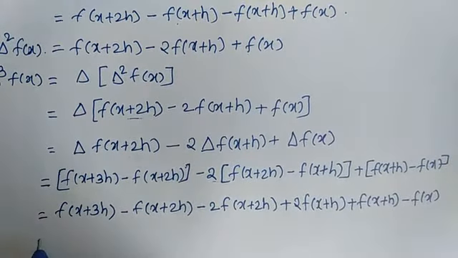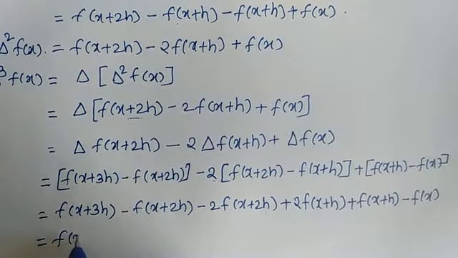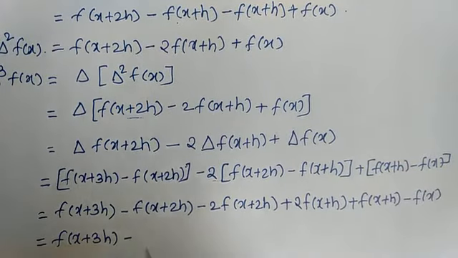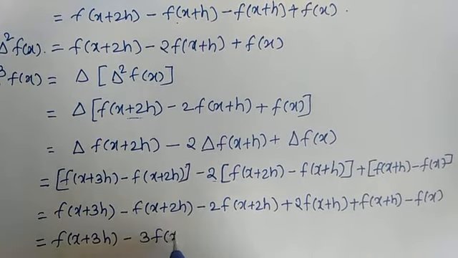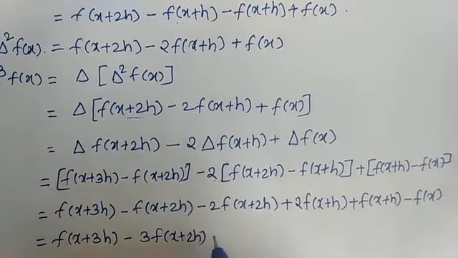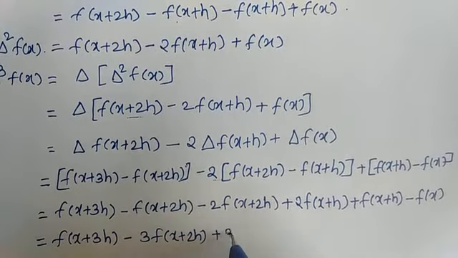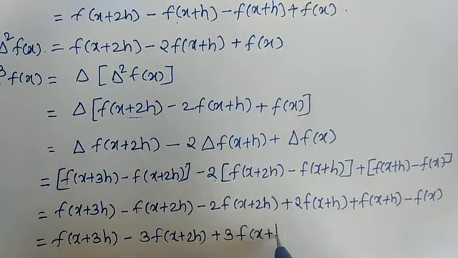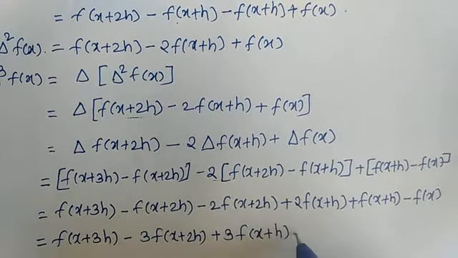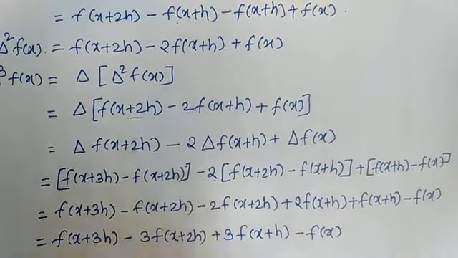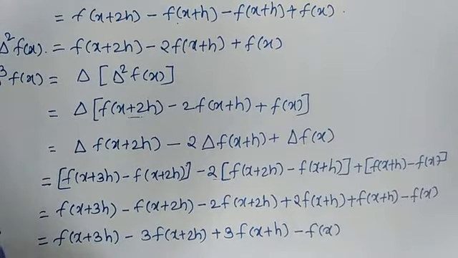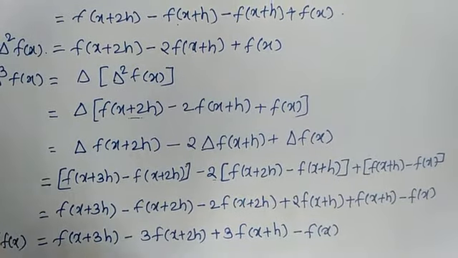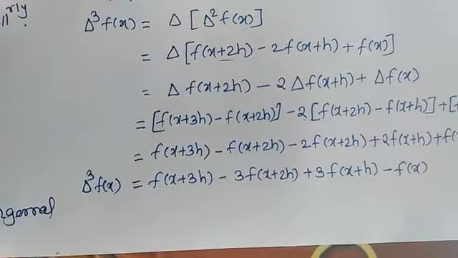Okay, so which will give us f of x plus 3h minus 3 f of x plus 2h plus 3 f of x plus h minus f of x, which is our formula for del cube f of x.